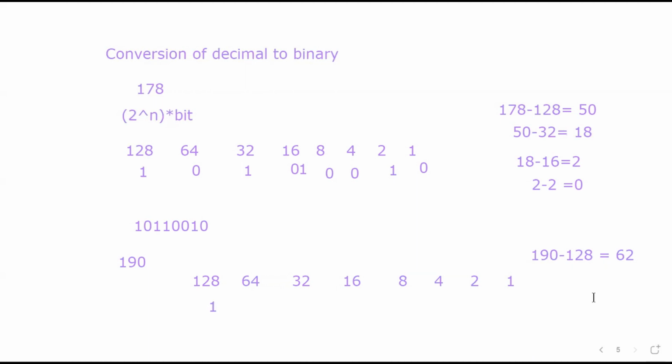Then where does 62 come, between 64 and 32. So subtract 32 from 62. What will come? 30. So I put 0 on 64 and 1 on 32.